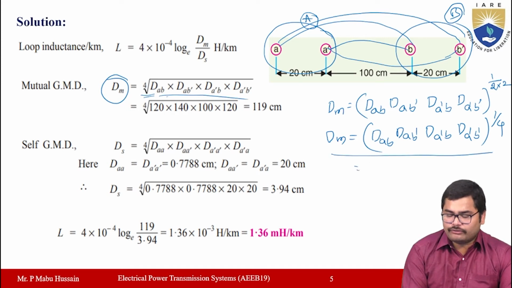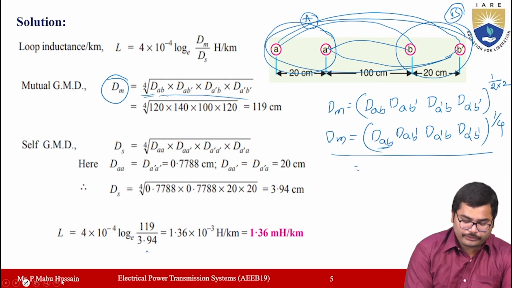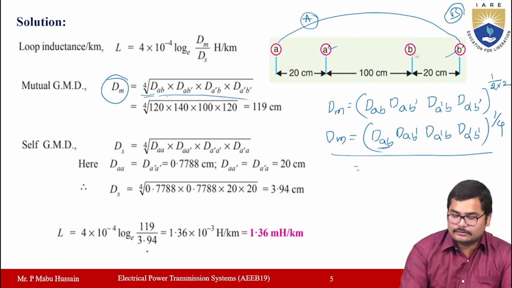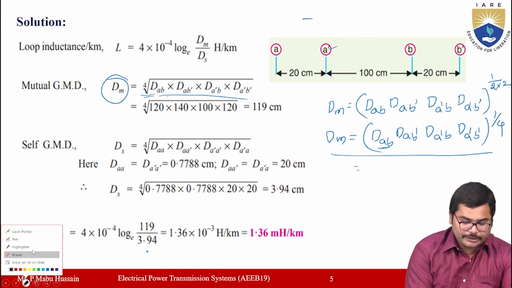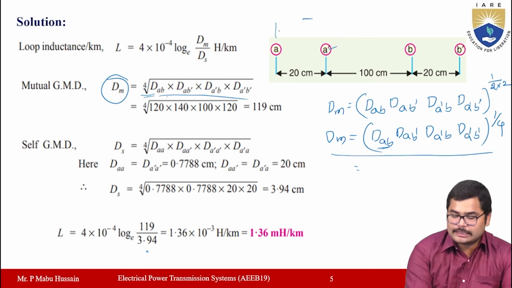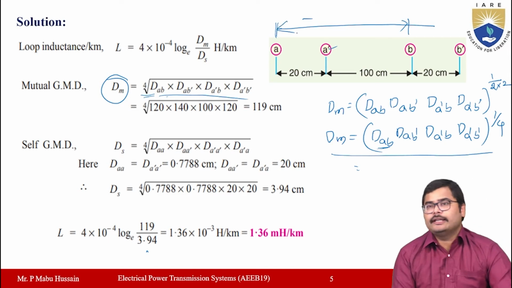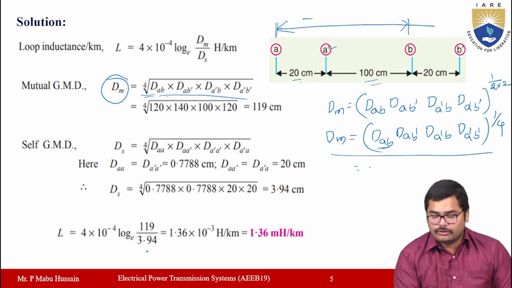Now what is the value of the distance from A to B? DAB is nothing but the distance from A to B. So from this figure you have to write. So the distance from this A to B is DAB, and that value will be equal to 100 plus 20, which is 120.